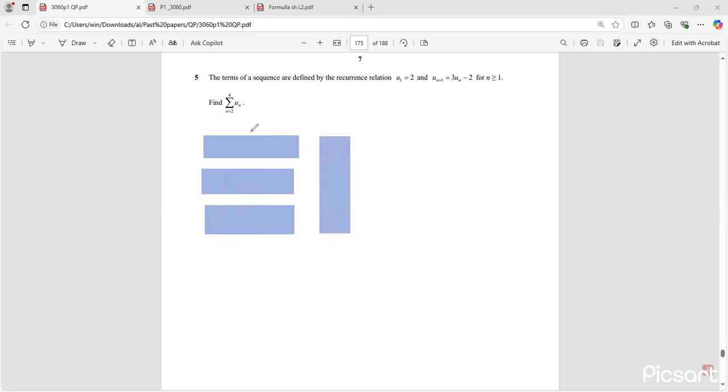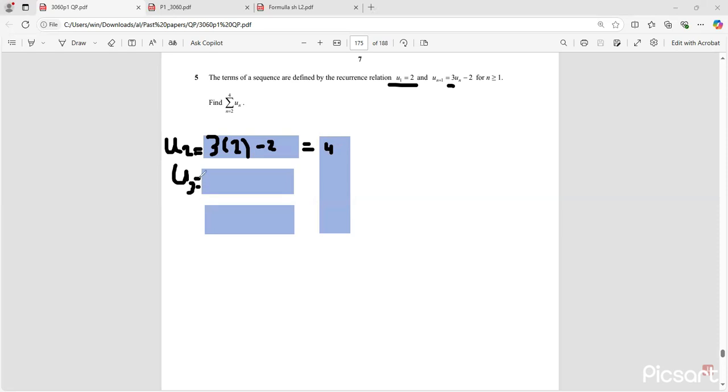Okay, let's get started. So here he gives you that u1 is equal to 2, so the u2 according to the rule would be equal to 3 multiplied by the u1, which is 2, so it is 6, minus 2, which is equal to 4. Okay, next the u3.